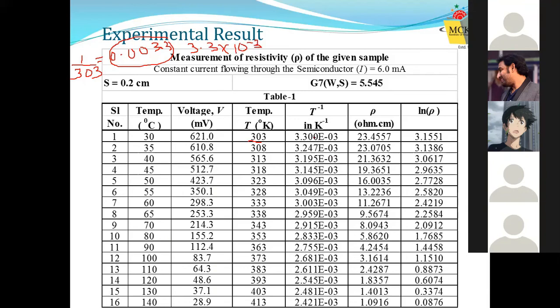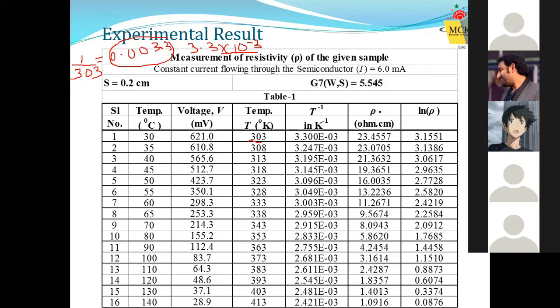Similarly, your calculator for 1 divided by 308 will show you 0.00324. So do not write it as 0.00324. Instead, write it as 3.247 into 10 to the power of minus 3. So keep it in terms of 10 to the power of minus 3, because when we plot, you will see that it will be easier for you to plot it. So keep everything in your T inverse as a multiple of 10 to the power of minus 3.